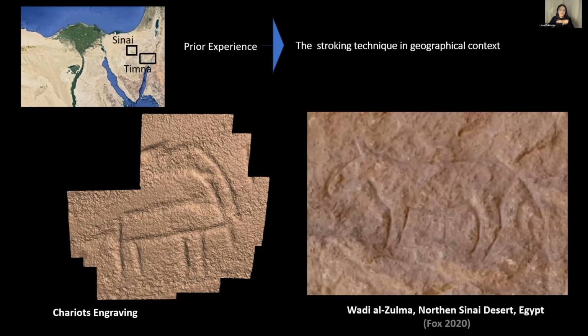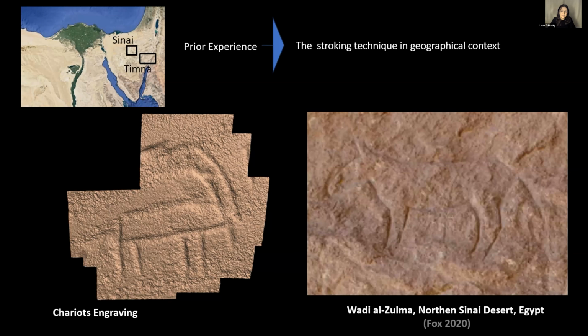Same here. If we're assuming prior experience and looking into the possible logic of the stroking technique that dominates the chariot engravings, we can propose that in patina-free areas where the color of the rock was uniform, the engraving action was done so that the incised element created a shadow, thus making the lines visible.